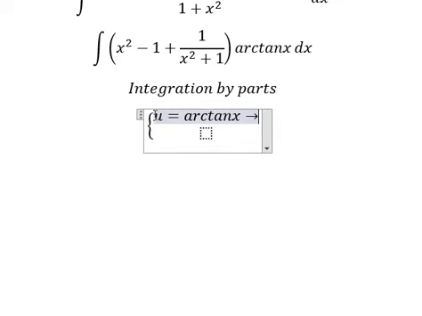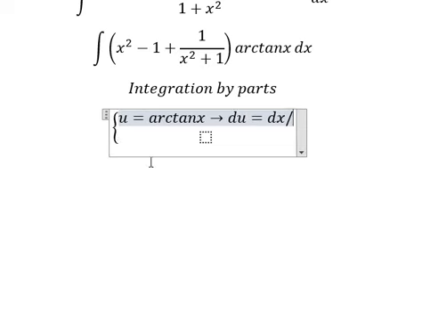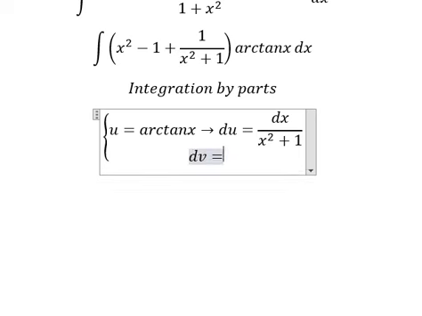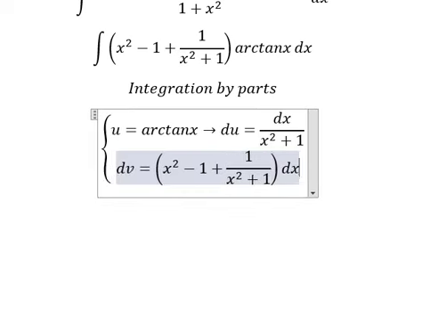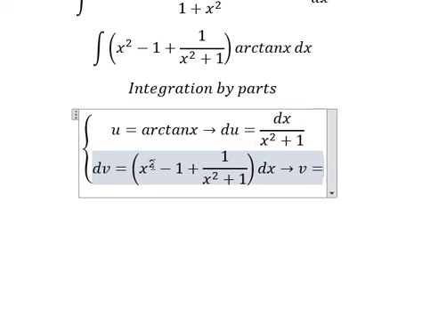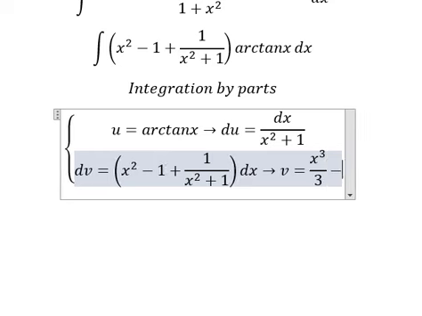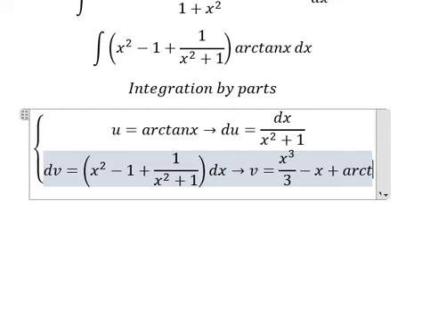If we take the first derivative of both sides, we have du equals 1 over s squared plus 1, and dv is this one. So the integration of s squared gives s to the power of 3 over 3, the integration of 1 is s, and this one gives v equals arctan of s.